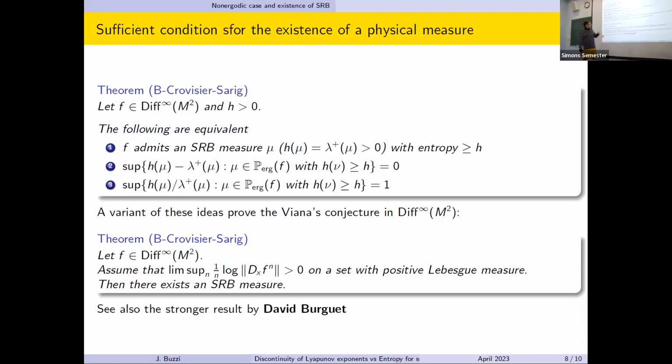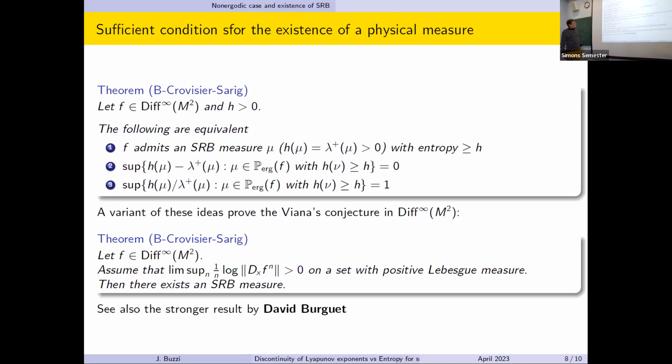So we say the same type of thing: if you can approximate unstable dimension 1 among measures with entropy bounded away from 0, then it's equivalent to the existence of an SRB measure with the same lower bound.